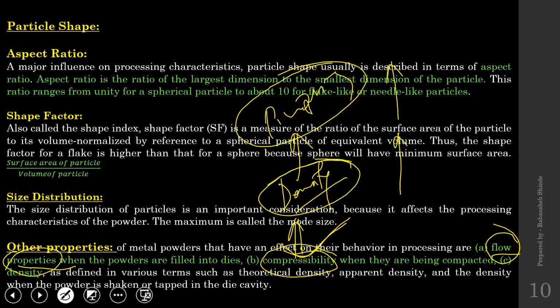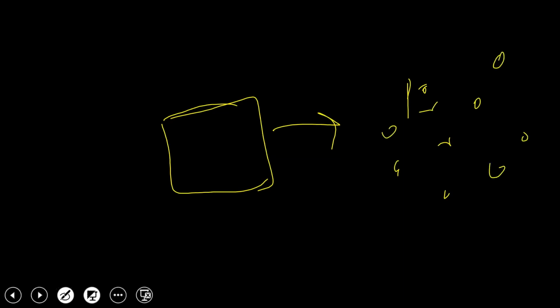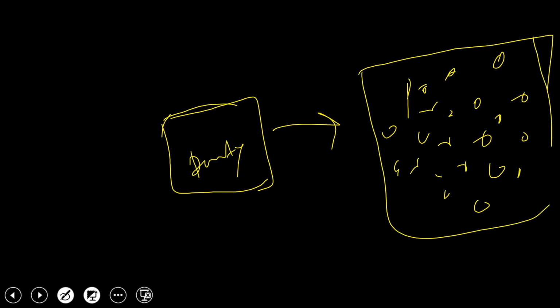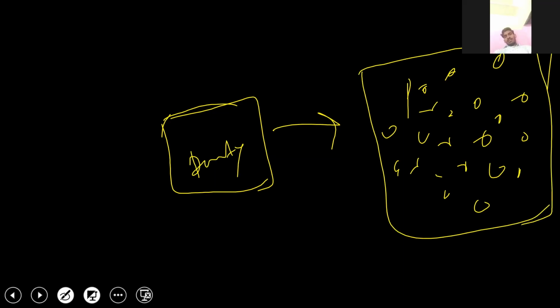Why is this relation there? Because if I take a raw metal block and convert that into powder, and I compare the density of the block with the density of these particles, obviously the density of these particles is going to be very less, right?